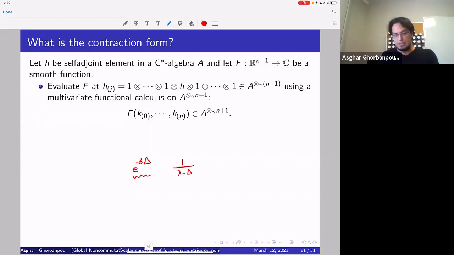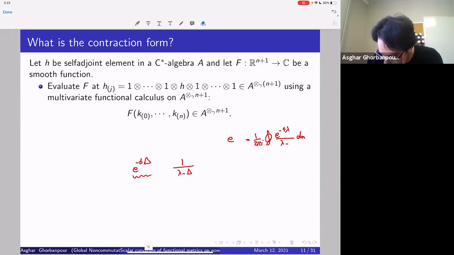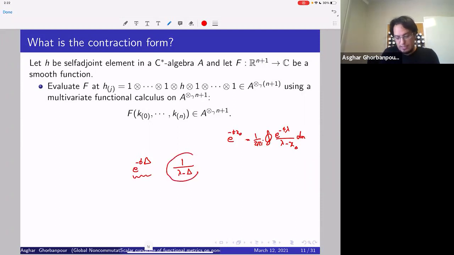The reason that is important is that you remember Cauchy's formula: if you have e to the power minus t x, lambda minus x, dx, and if you have a good contour, this will give you e to the power minus t Laplacian. Oh, did I use x up there? No, I shouldn't use that up there. So maybe I should put this one here. So this will give us x0. But that is called parametrix.